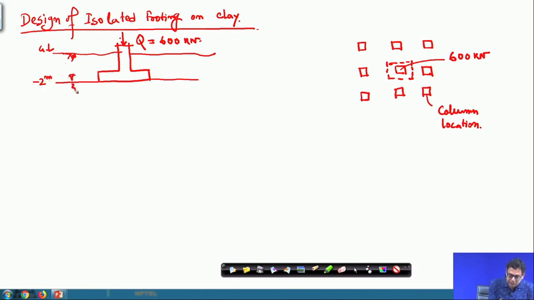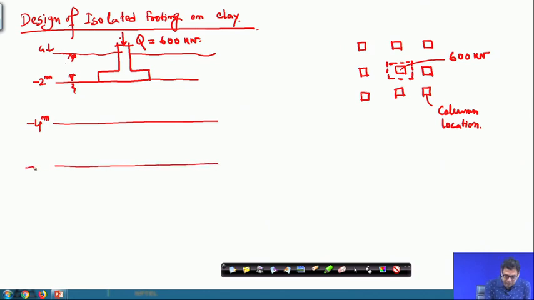This is the location of the water table, 2 meter below the ground level, and we have a 3 layer soil system. So, this is the first layer, which is minus 4 meter, then the next layer, which is minus 6 meter, and this is another layer, which is minus 10 meter.